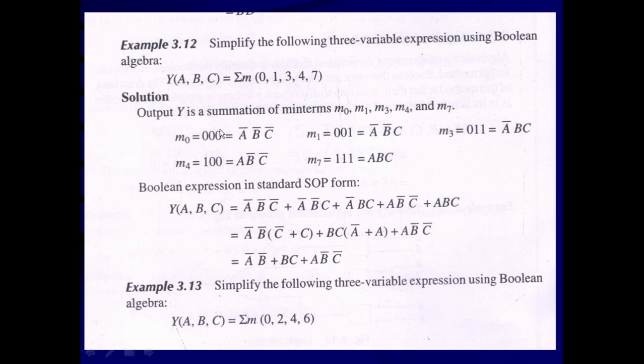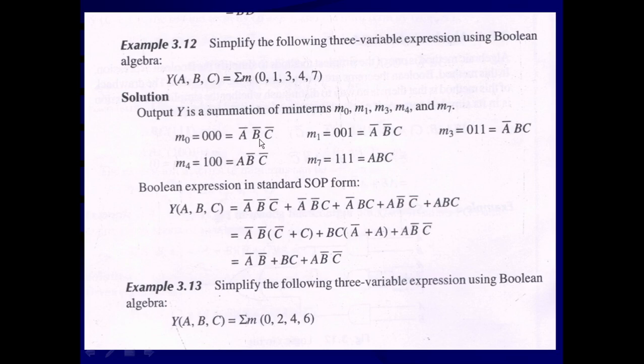M0 corresponds to binary 0 0 0, and in the sum of product method, 0 corresponds to the complement of the variable and 1 corresponds to the uncomplemented variable. So for this 0 I will write A bar, for this 0 I will write B bar, and for this 0 I will write C bar.